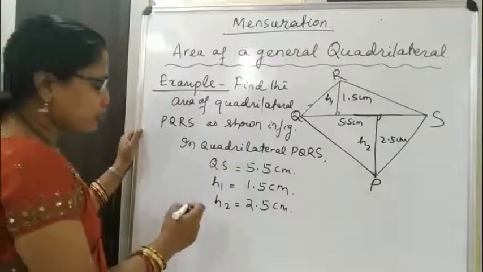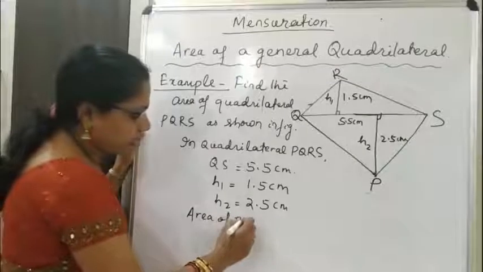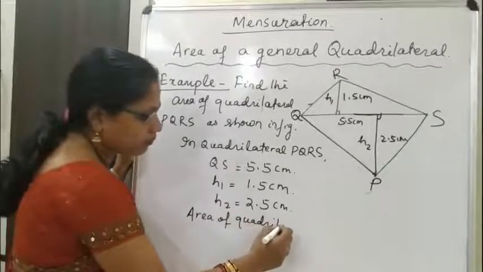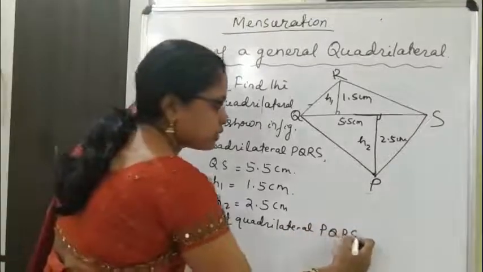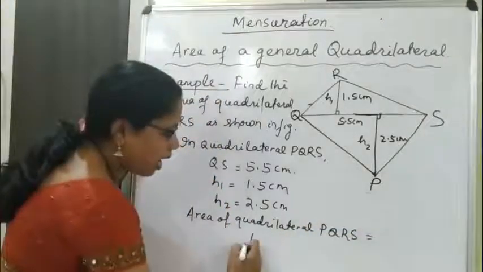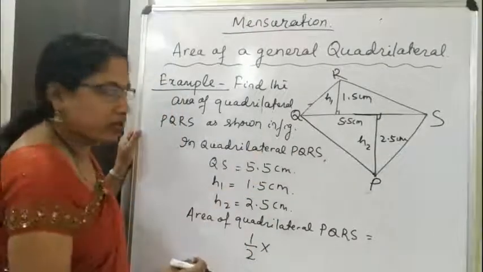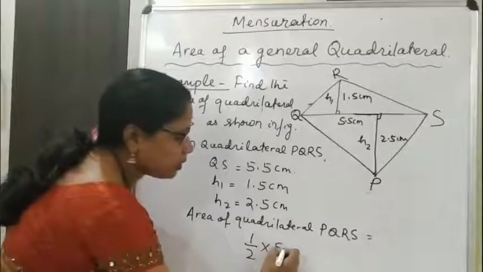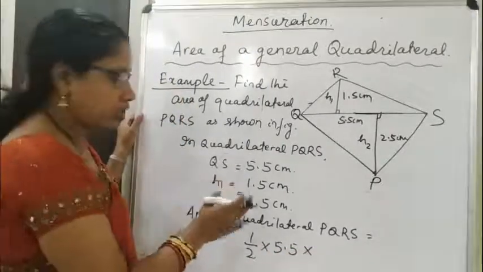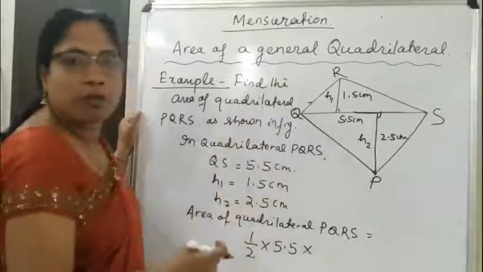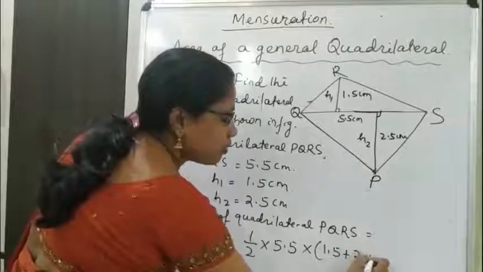So according to the formula, the area of quadrilateral PQRS is equal to half multiplied with one diagonal. Here diagonal QS is given, so this is 5.5, multiplied with the sum of the heights to QS from opposite vertices, that is 1.5 plus 2.5.